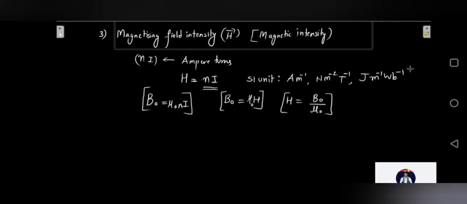You need not be confused, look at the units and you will be able to make out what exactly is given to you. So this is the third important term, magnetizing field intensity. The next term, the fourth term, is intensity of magnetization.